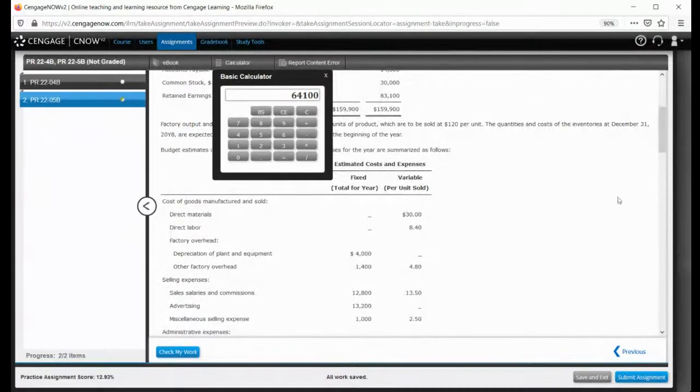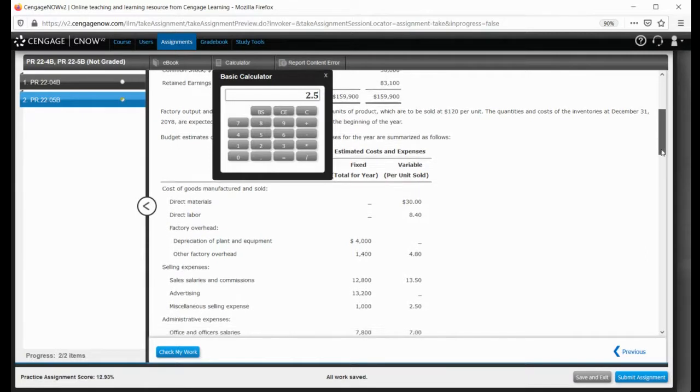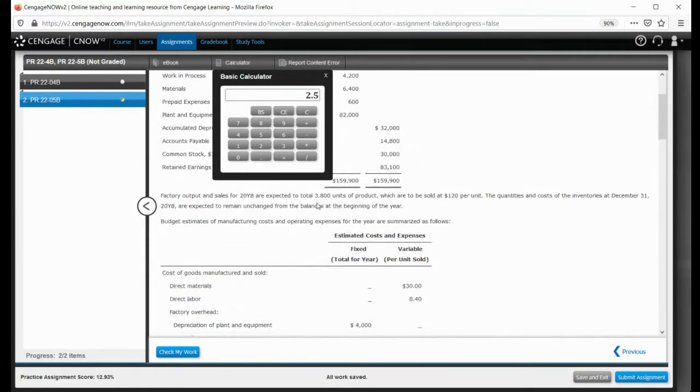Now your miscellaneous selling expense is part variable and part fixed. So find the variable portion first, which is the variable cost per unit, $2.50, times the number of units sold, which was given to you at 3,800.